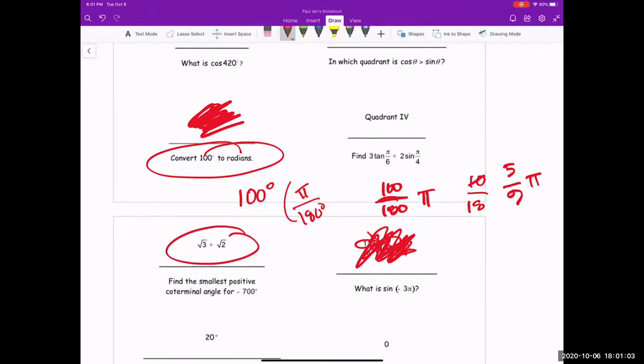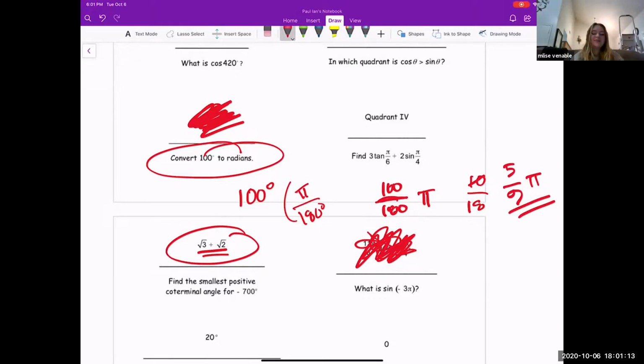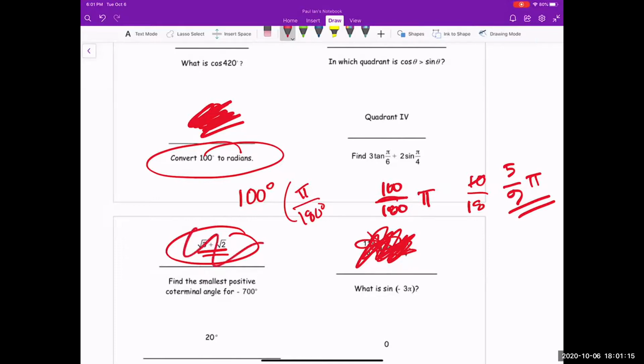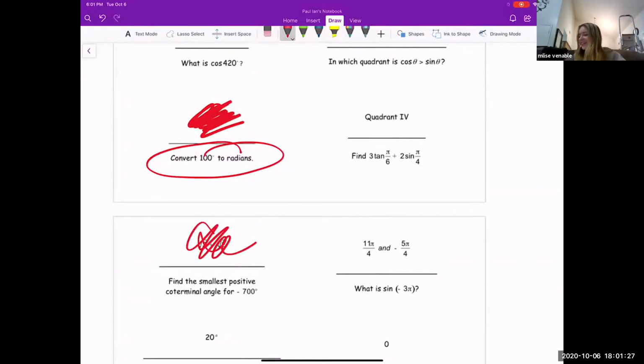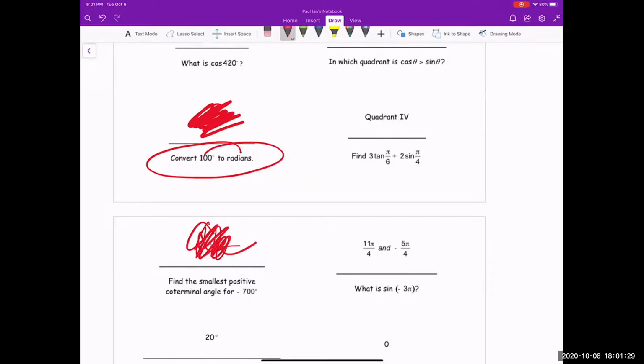Try putting this in your calculator and then try doing this one. Okay, I think there's something wrong with this one, because that's not the answer. It's up to you, you can tell your teacher. Definitely, that's the wrong one.